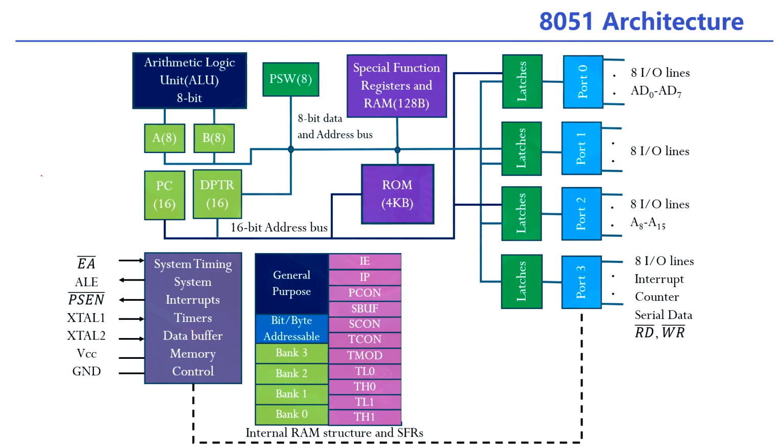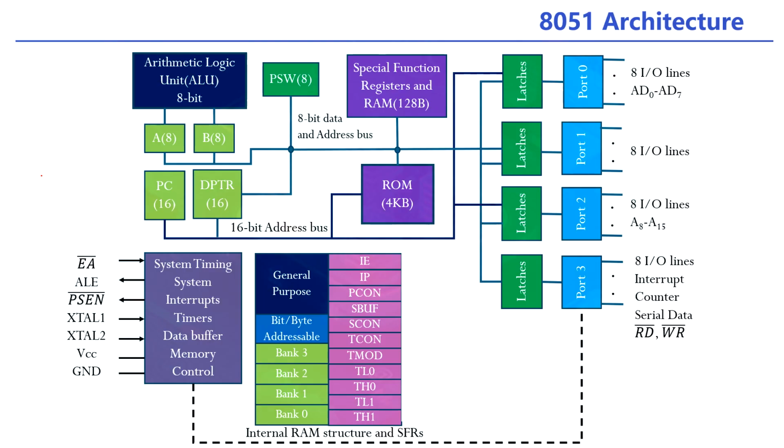It has an arithmetic logic unit, which performs the arithmetic and logical operations. It also has an A register, which is used as a source and destination operand. Most of the time the results are stored in the A register only, that's why it is called the accumulator. And the B register is a temporary storage register.